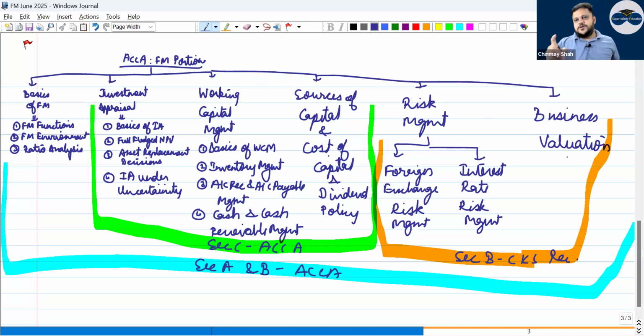One question will come from these 2 chapters or 3 chapters for that matter. 3 parts: foreign exchange risk management, interest rate risk management, and business valuation.